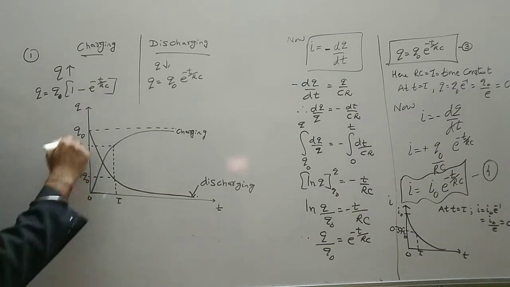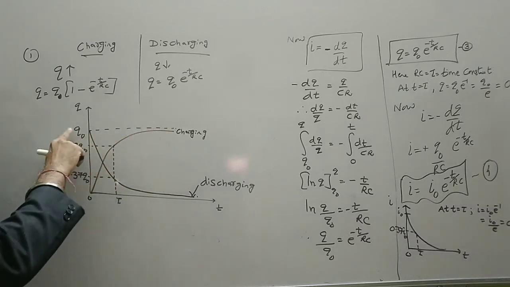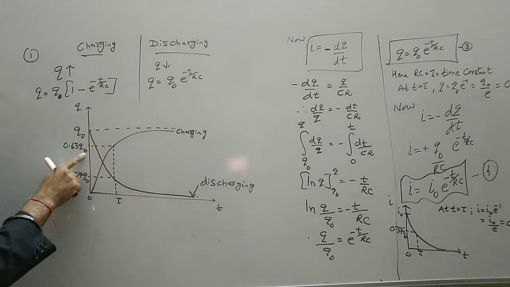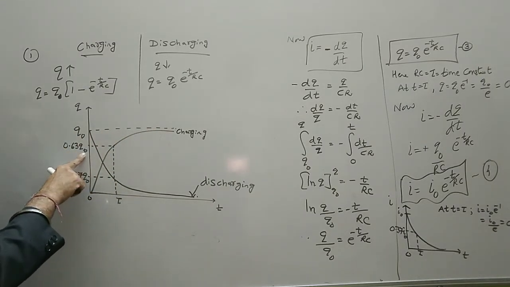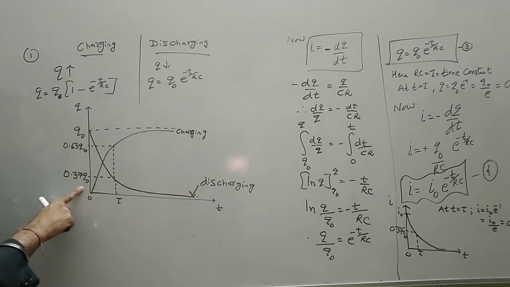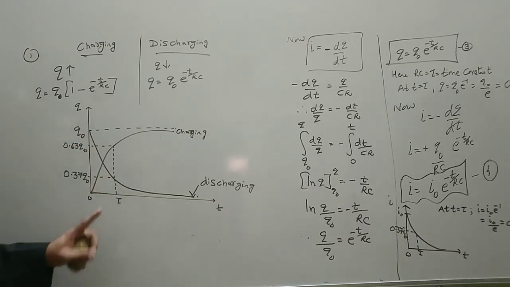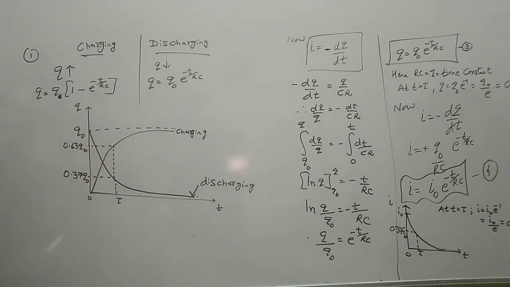In the terms of percentage, it is 100%. So in time interval tau, that is time constant, the capacitor charge becomes 63% of its maximum value, and during the discharging it becomes 37% of its maximum value. So this is the comparison of charging and the discharging.